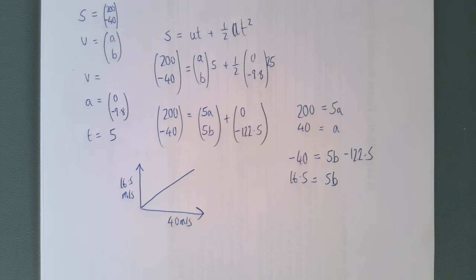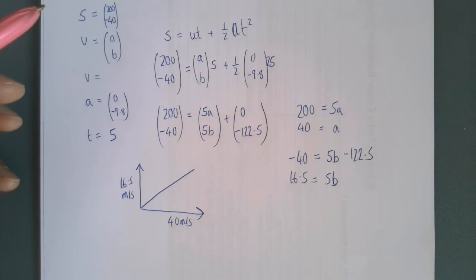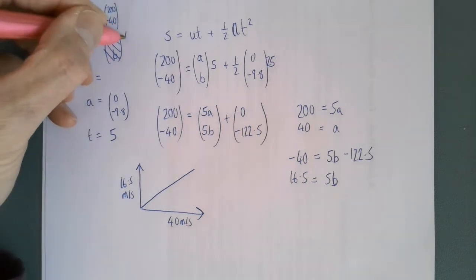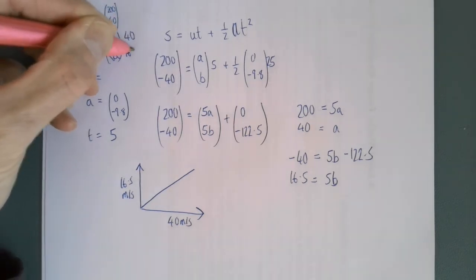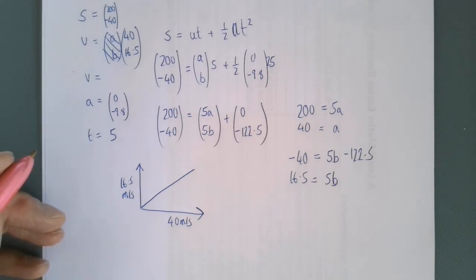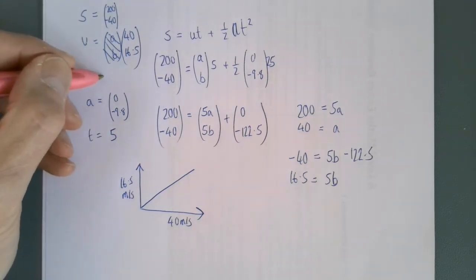Part B of that question wants to know the velocity of the golf ball when it hits the ground. Remember, velocity is a vector. So again, I'm going to do this one in vector form. And actually, I'm not even going to bother putting up a fresh SUVAT thing. I'm just going to say I now know what A and B are, and I want to know the velocity.